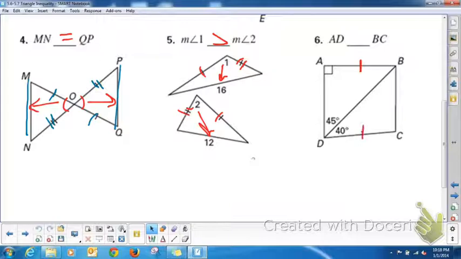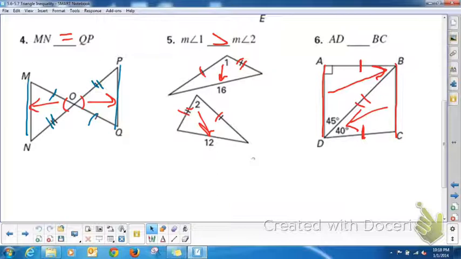If this side is congruent to this side and then they share this side, so it is also congruent, let's look at AD and BC. Well, AD is this side. It's across from that angle. BC is this side. It's across from that angle. That angle's 40.